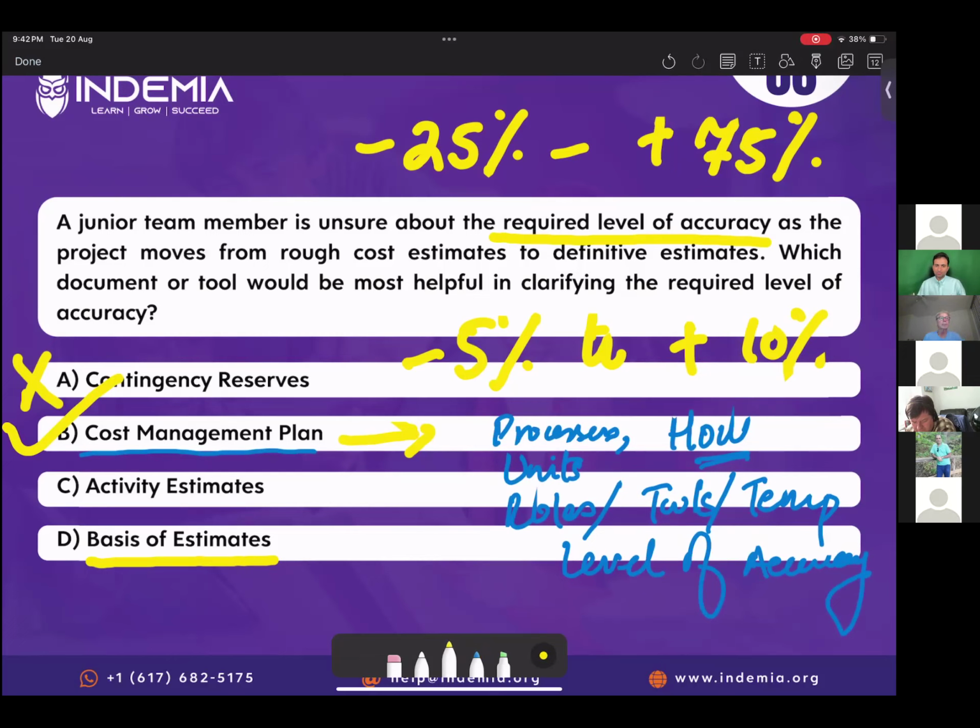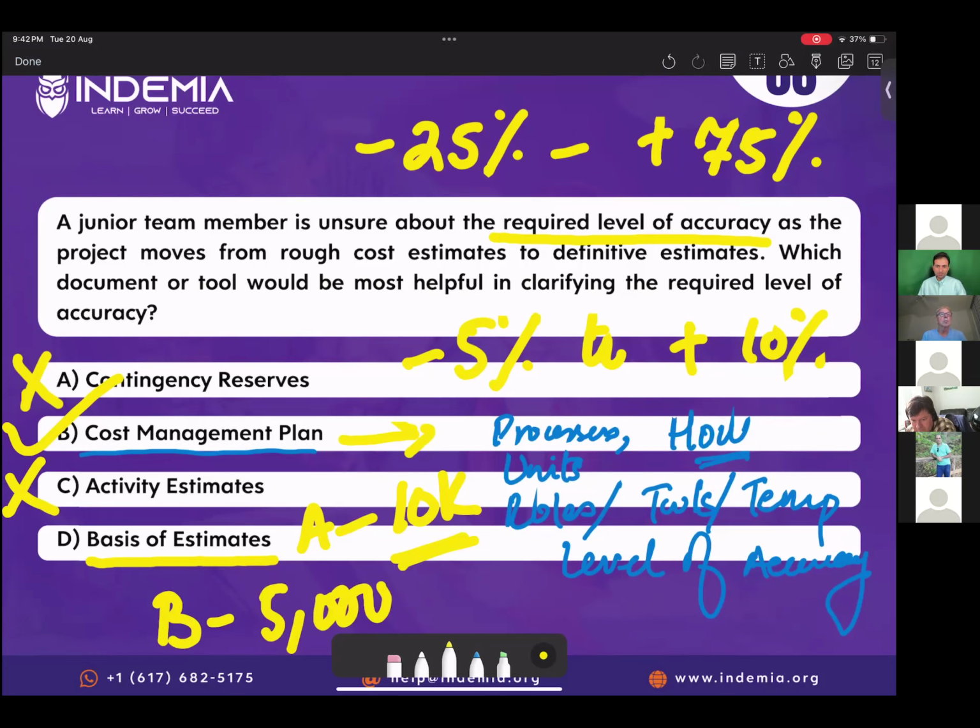Activity estimate is the actual estimate. So for example, for A, we need, let's suppose, $10,000. Now, this doesn't tell us the required level of accuracy. This is the actual estimate, right? So C can't be the right answer. Basis of estimate. For example, if I say I have estimated for B, we need $5,000. So what are the bases on which I have calculated 5,000?